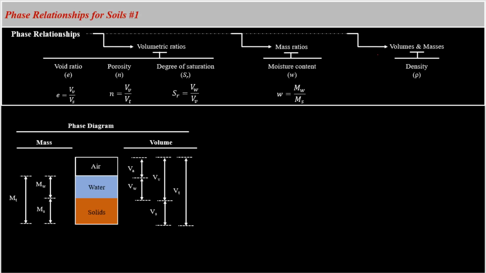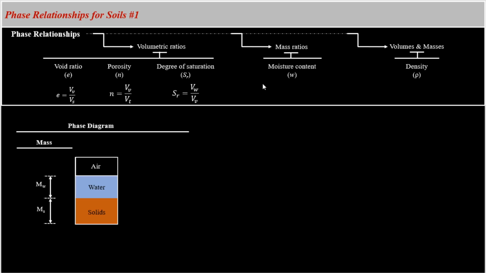Alright, now we are done with the first category and we can move on to the next one, that is only based on mass ratios. In this category, we only have one parameter, that is the moisture content. Moisture content is defined as the ratio between the mass of water to the mass of solids in a soil sample.